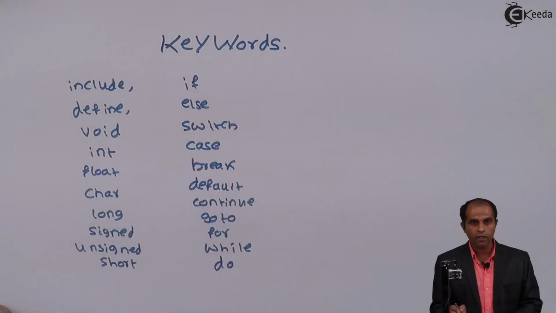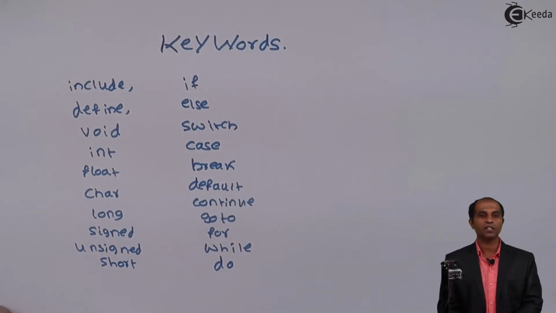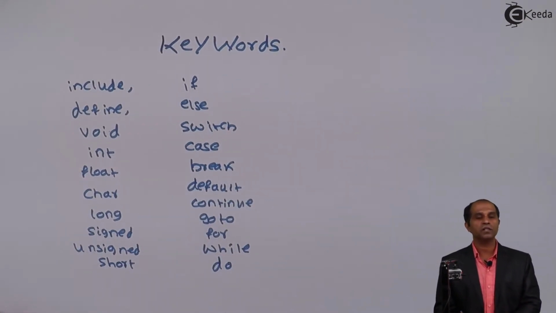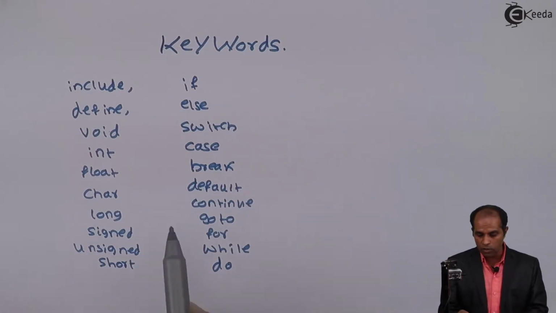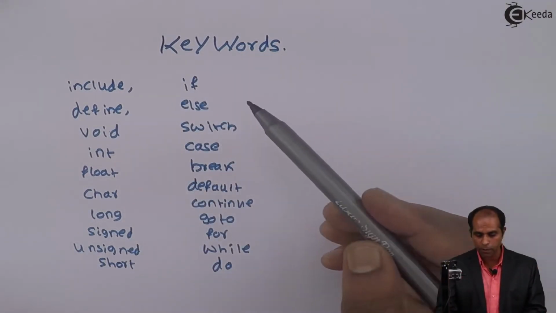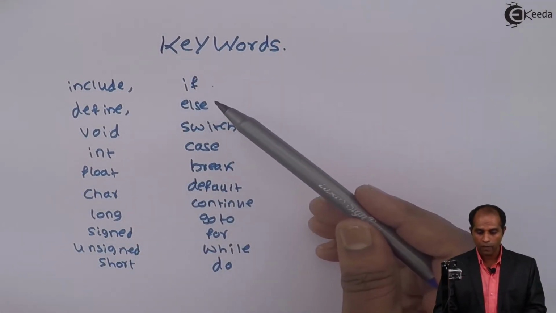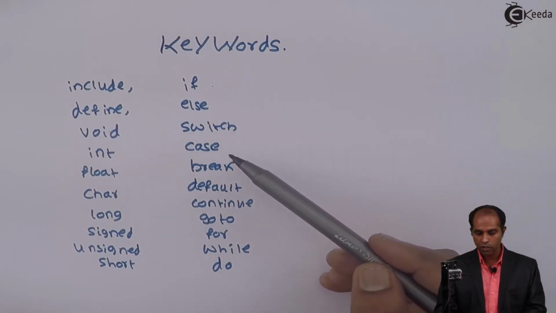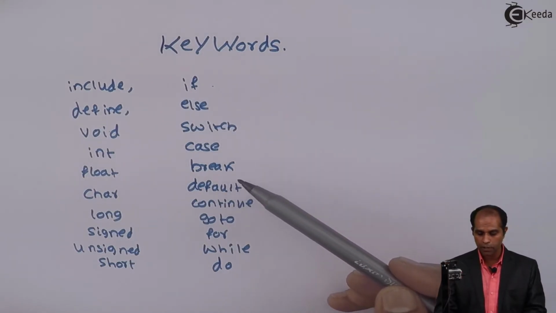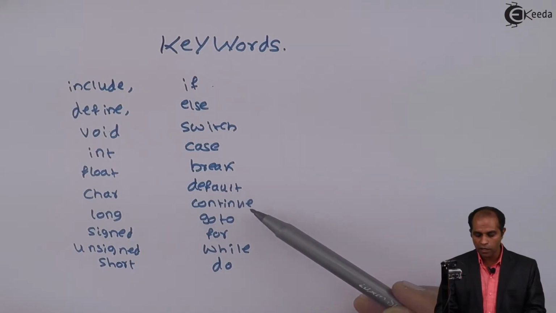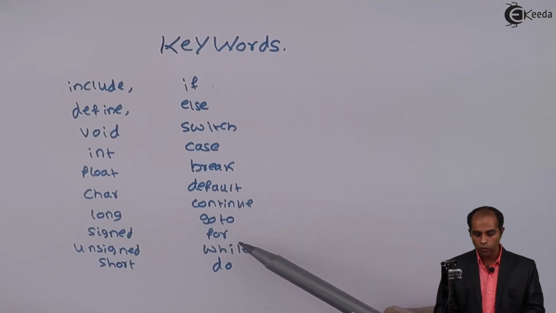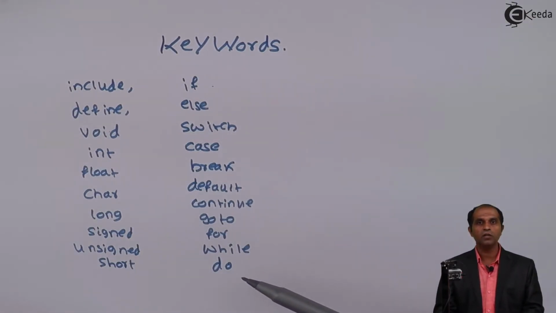All the second column keywords are classified as control instructions in C language. The control instructions use these keywords. Let me spell them one more time: if, else, switch, case, break, default, continue, goto, for, while, do.